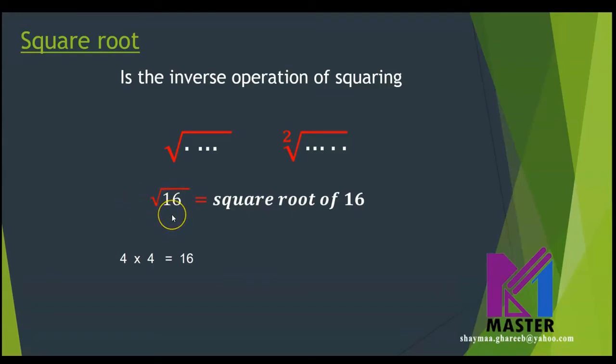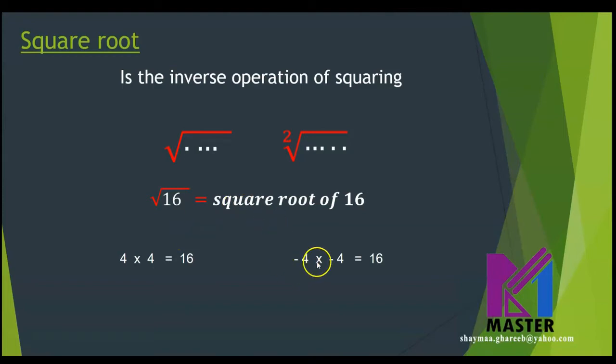So I can think of the number that, when I multiply it by itself, gives me 16. Or 16 is the square number of what number? Of course, it's number 4. When I multiply 4 by itself, it gives me 16. So the square root of 16 equals 4.